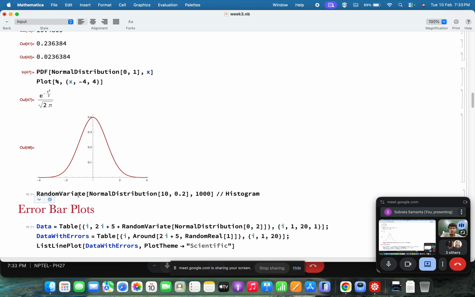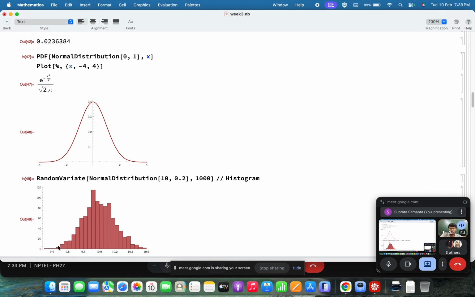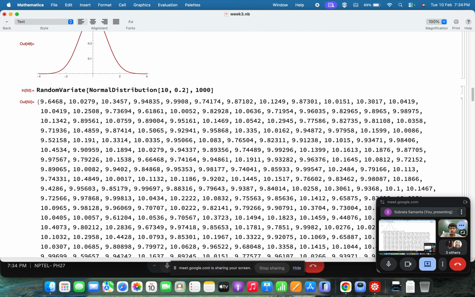Now, we can use random variates. I can generate random data from this. So, I will make a histogram plot. This is bin-wise generated. If you just remove this, this is the data set.